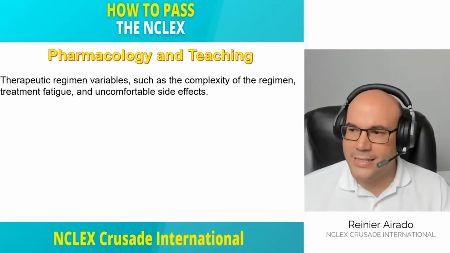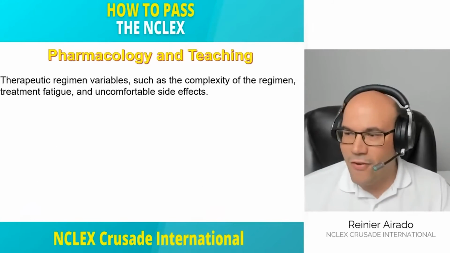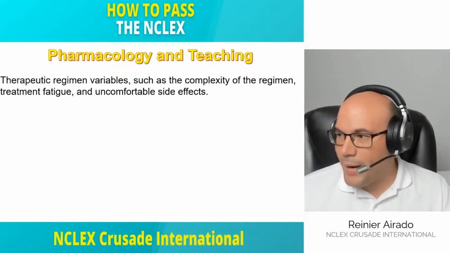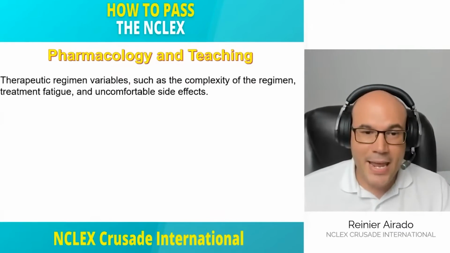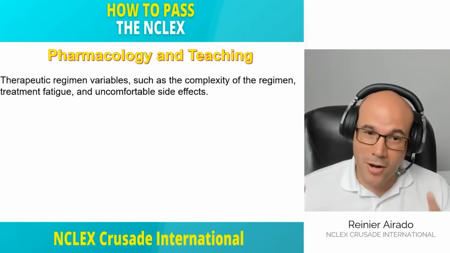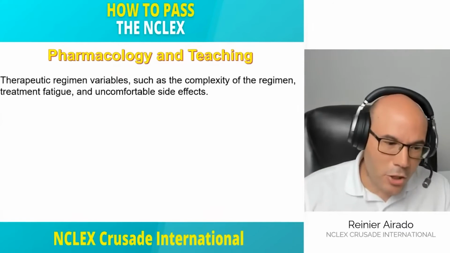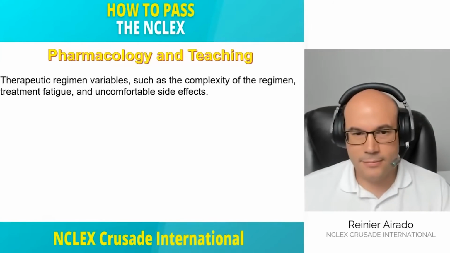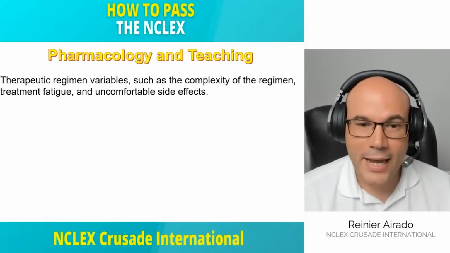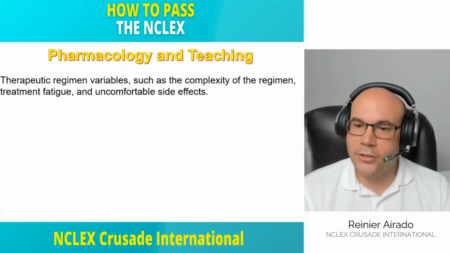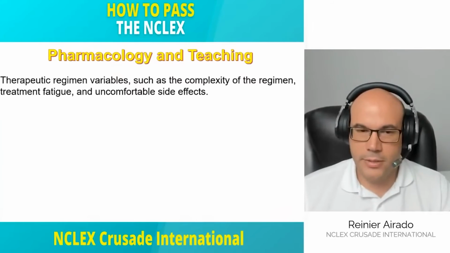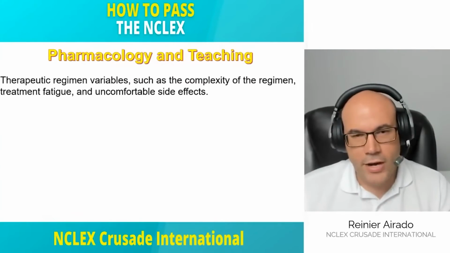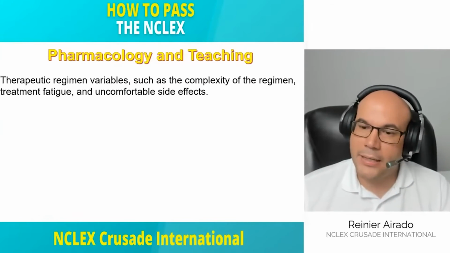Another variable is therapeutic regimen variables, such as the complexity of the treatment itself, fatigue, or an important one, uncomfortable side effects. So a lot of times we see that patients don't take medications and we think that they're just being stubborn. They're just not following the regimen because they are being difficult.